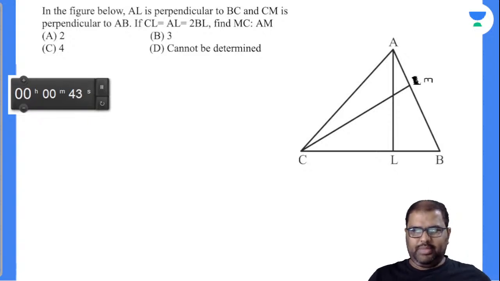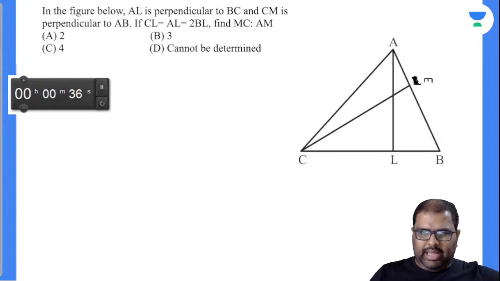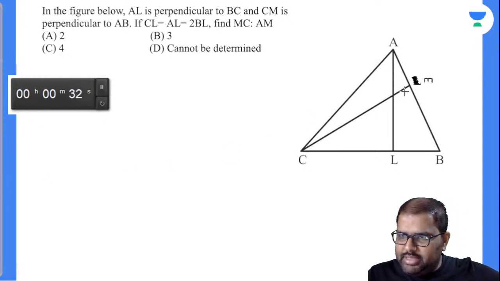In the figure below, AL is perpendicular to BC and CM is perpendicular to AB.